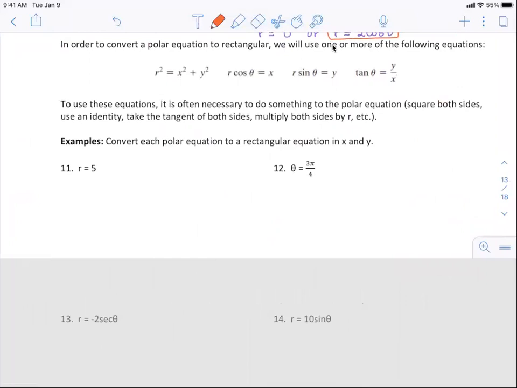Now, these are not typically going to be as obvious with what we start with. And so to use these equations, you often are going to have to do some algebraic manipulation to the polar equation, such as squaring both sides, using an identity, and so on, to be able to obtain one of those 4 forms where we can then make a substitution.